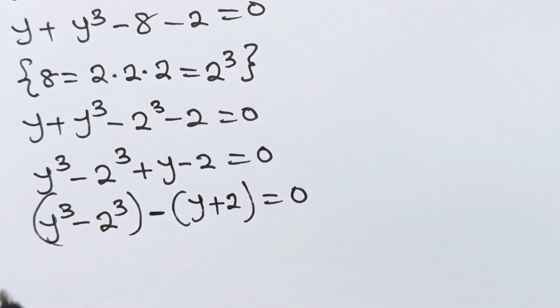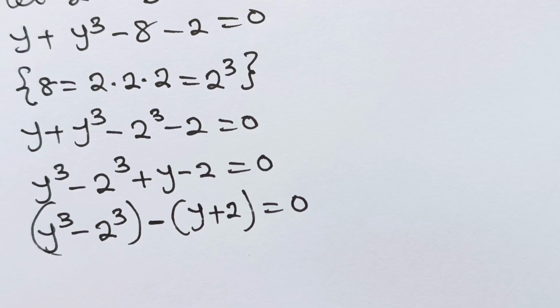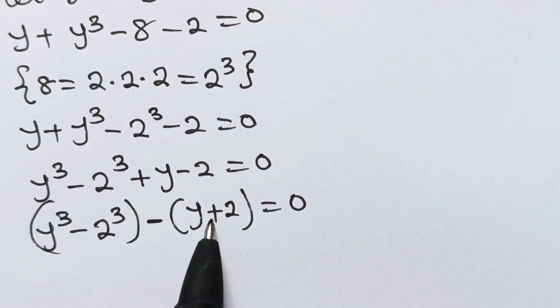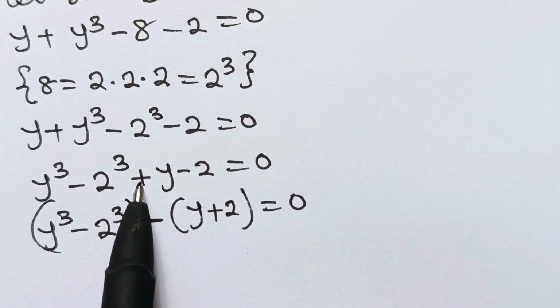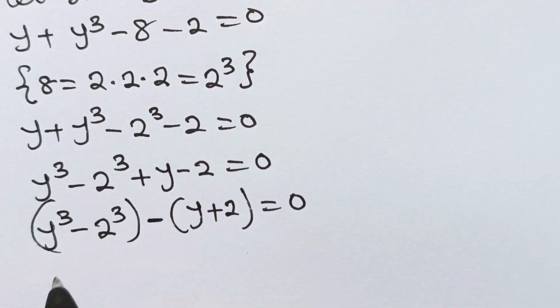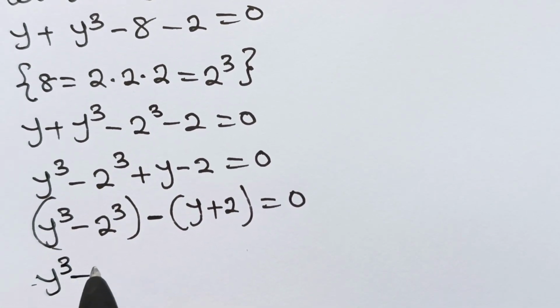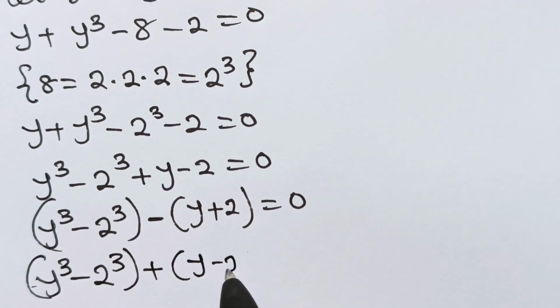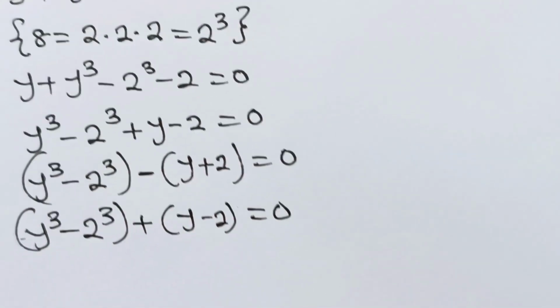But there's no need changing this to plus, because putting this bracket doesn't mean anything. So we can write this as y to the power of 3 minus 2 to the power of 3 plus y minus 2. We've not changed anything.